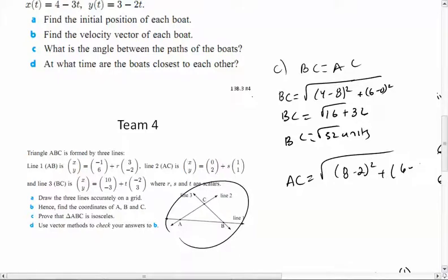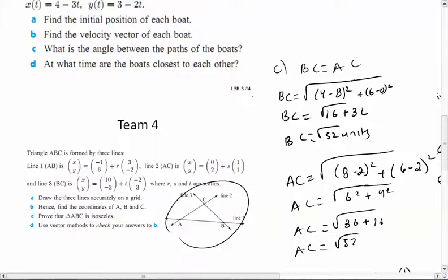So AC equals 6 squared plus 4 squared, which equals 36 plus 16, which is 52 units. And as we see here, they have the same distance. BC and AC have equal distance, which proves that it's an isosceles triangle.